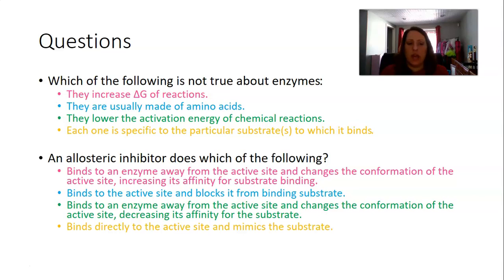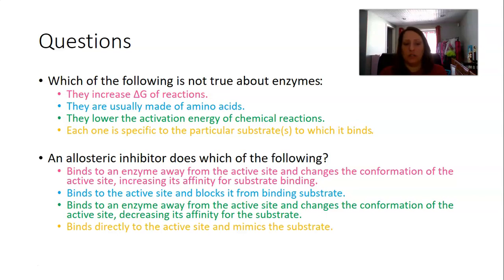Next question. An allosteric inhibitor, so an allosteric inhibitor, does which of the following? Pink. It binds to an enzyme away from the active site and changes the conformation or shape of the active site, increasing its affinity for substrate binding. So is that true? Or blue, does an allosteric inhibitor bind to the active site and block it from binding substrate?